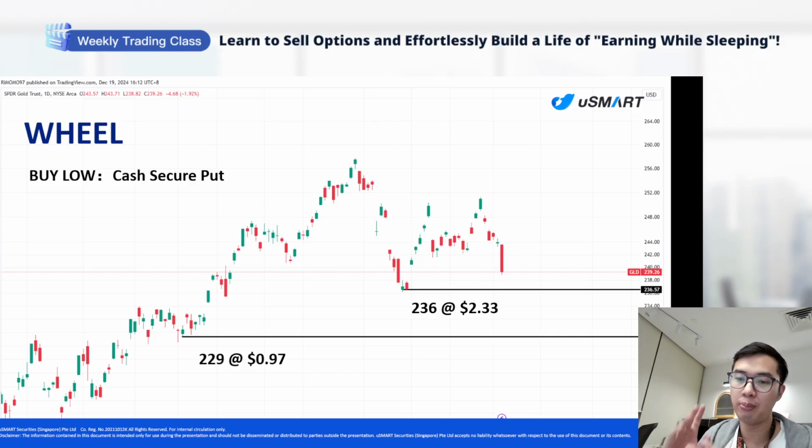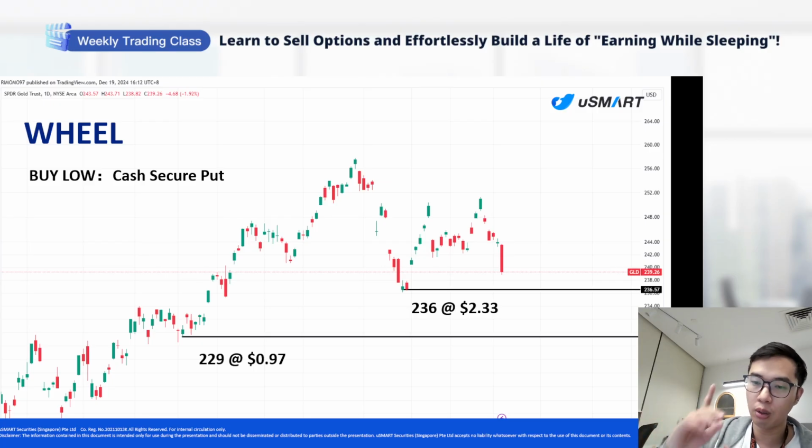Other than directly buying on spot, we can sell this option at 236. Once you open this sell option, you become a sell put. While waiting to buy at 236, it is a buy limit, and you get an extra 2.33 premium times at least 100 shares. So 2.33 times 100 is 233.